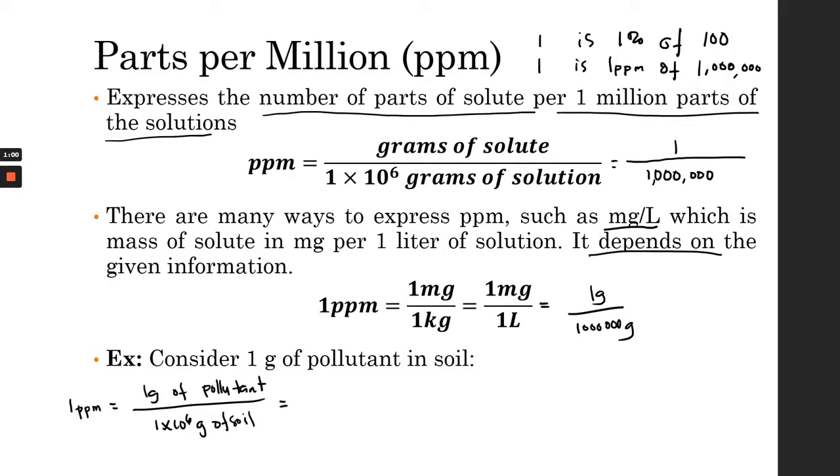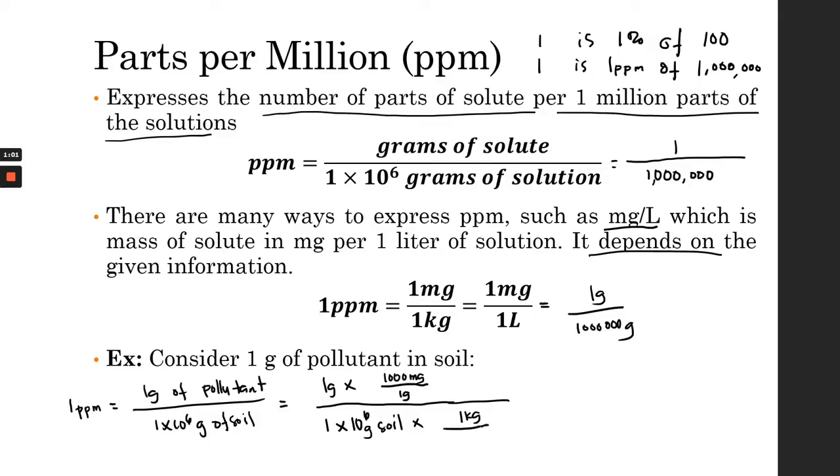You convert the 1 gram to milligrams. We know there are 1000 milligrams in 1 gram. Then all of this is divided by 1 million grams of soil, and then let's convert this soil to kg.